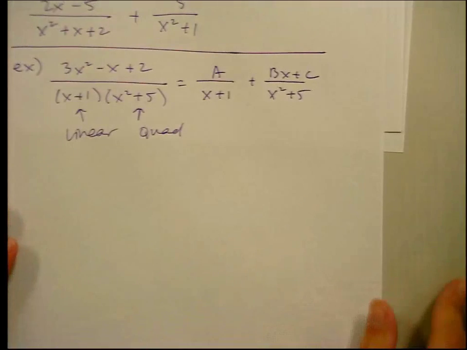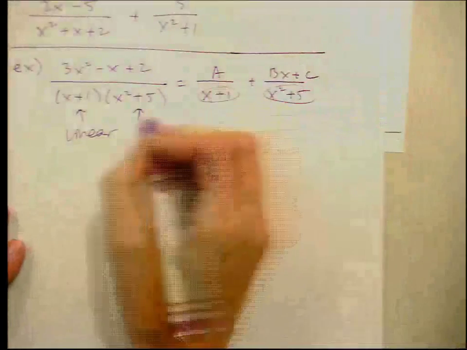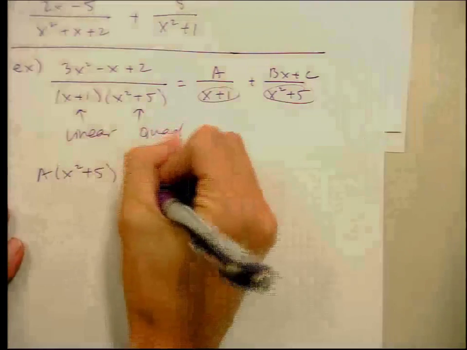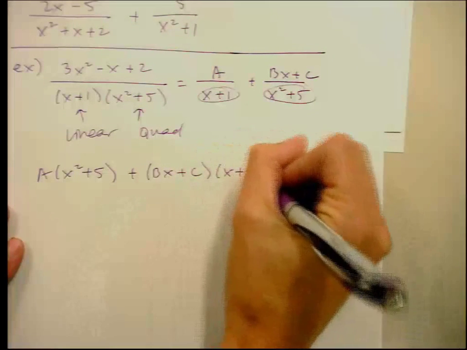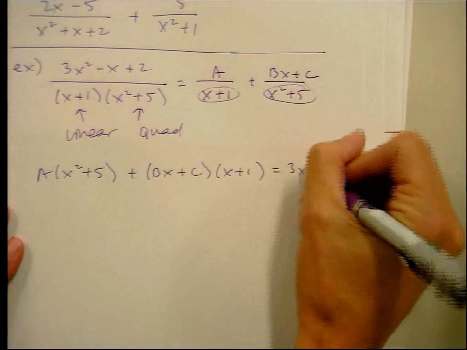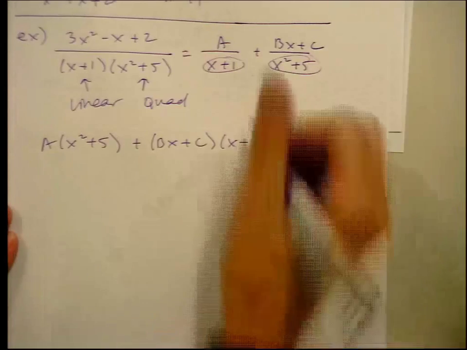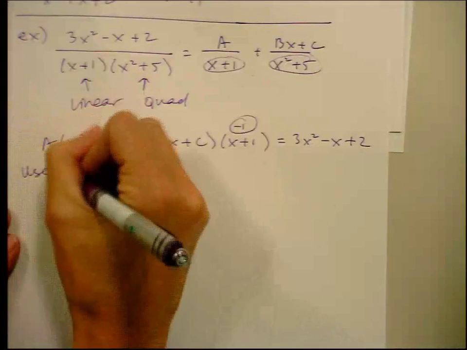Okay, how'd you do? Let's get those numerators with that common denominator. A is missing x squared plus 5. bx plus c is missing x plus 1. And I need this to equal my original numerator, 3x squared minus x plus 2. I can zero just one thing out, and I'm going to do it because it's going to simplify my life.